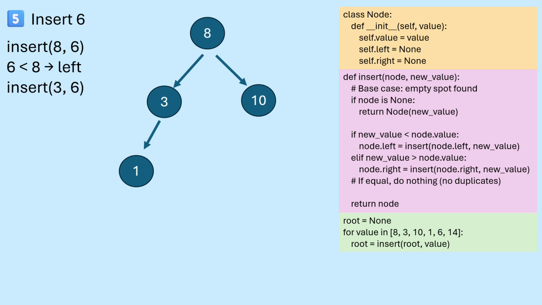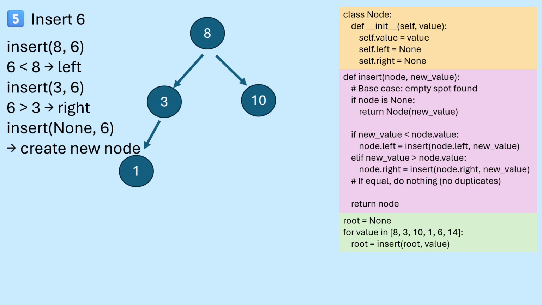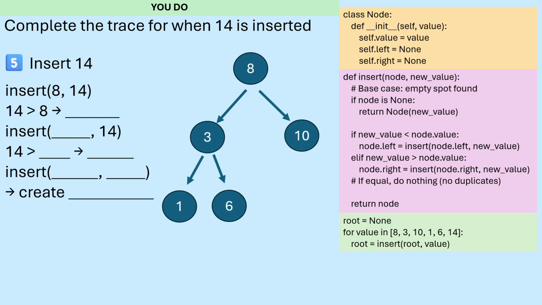Well, the left of 8 is 3, so it's not none. Then we look, well, 6 is bigger than 3, so we want to go to the right. Well, the right of 3 is none. Because the right of 3 is none, we're going to create a node and we're going to put our 6 there.